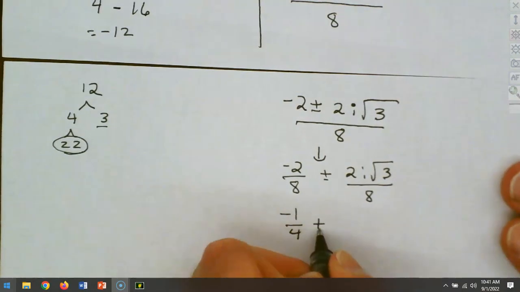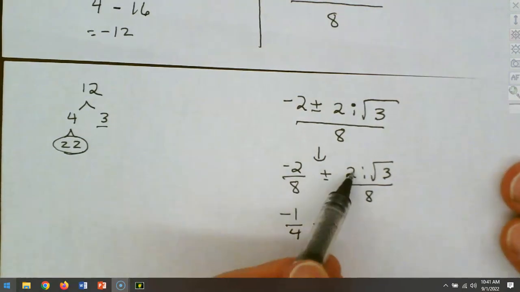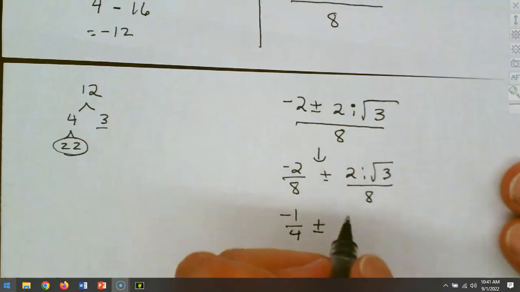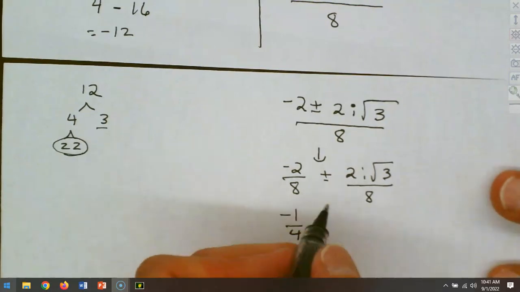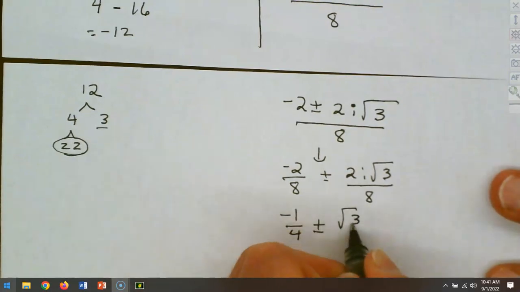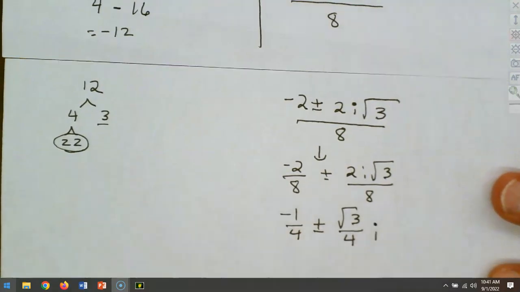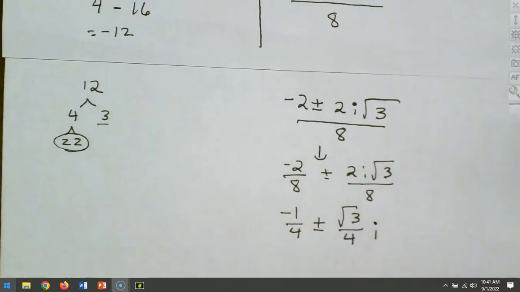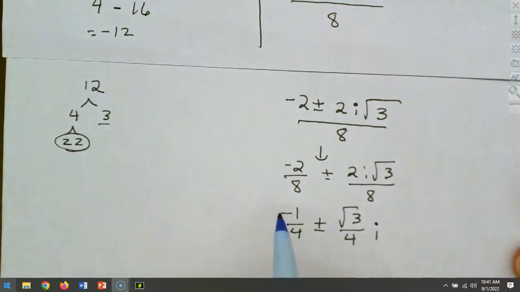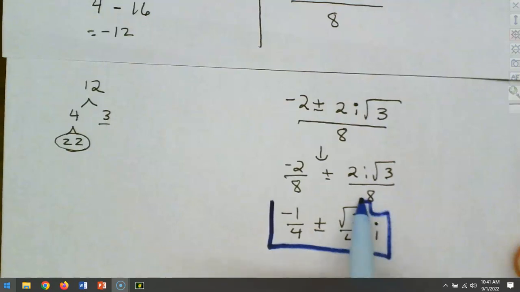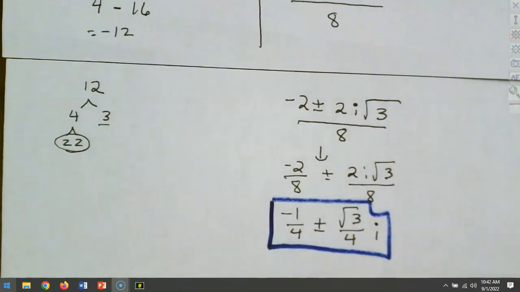Then we've got our plus or minus. 2 and the 8 can cancel. That leaves you then with the square root of 3 over 4 when you reduce. And we'll just put the i at the end. Put the i in front of the square root, or you can put it at the end. Either way is perfectly fine. But that would be your final answer there.